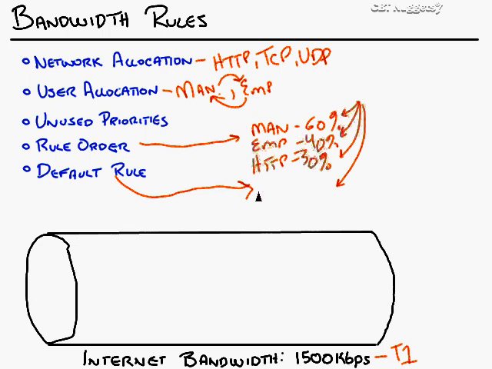This default rule sits at the bottom and catches anything that does not have a specific bandwidth allocation. This ensures that no matter how low on the totem pole you are, you'll get some bandwidth. It may be a tiny bit, but you'll at least get some. That's what the default rule is there for at the bottom. This will make a lot more sense with the ratios when we actually see the bandwidth rules created. Let's take a look at that now.